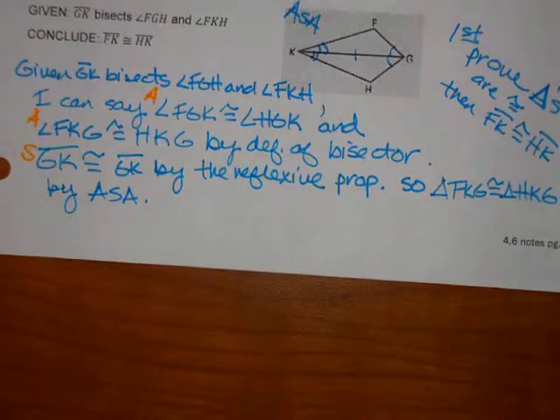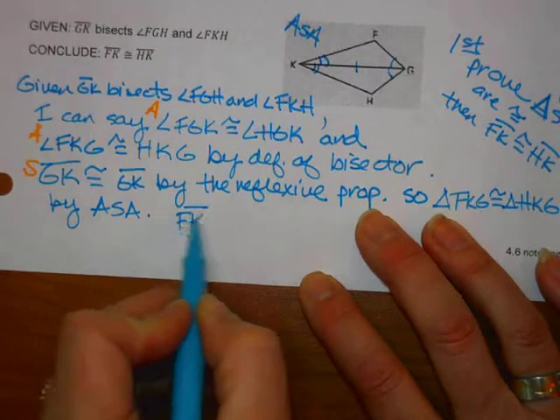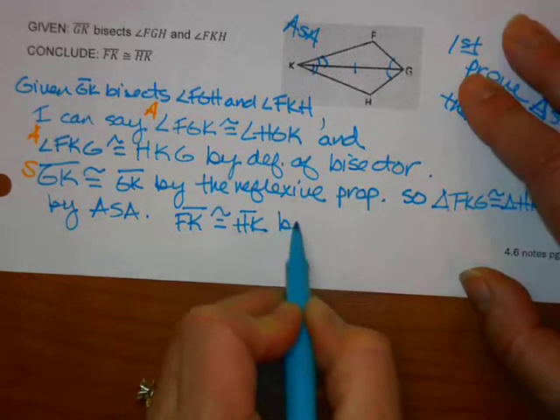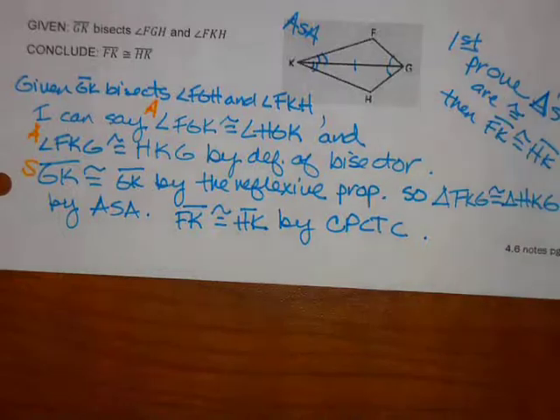I'm going to make my final statement. Now that I've proven the triangles are congruent, I can now say that FK is congruent to HK by what? Yep. By CPCTC. Cool? That was a short one. Now it's going to be the longest.